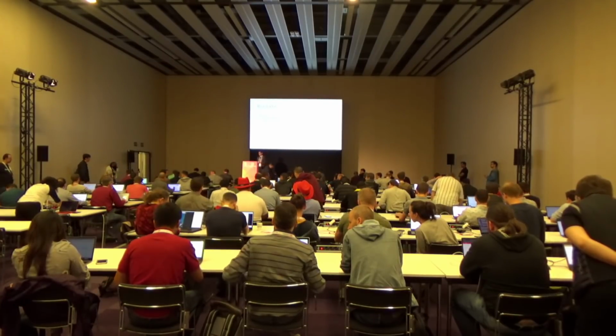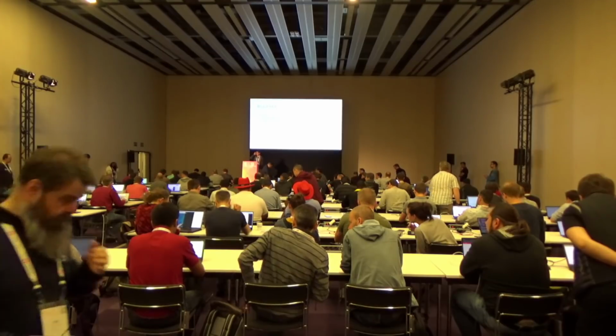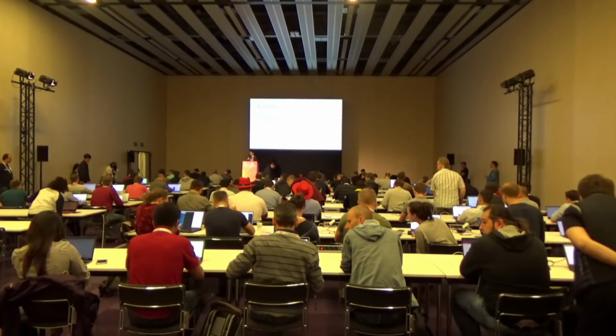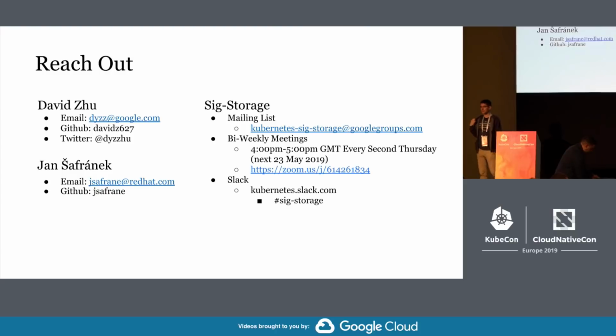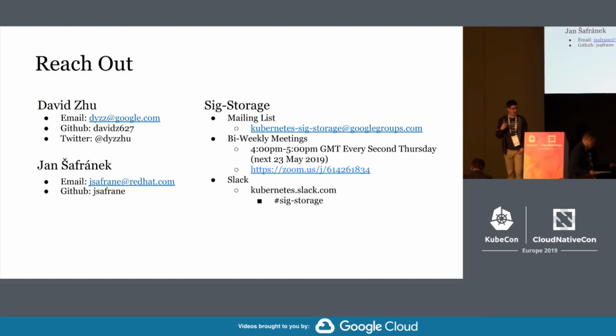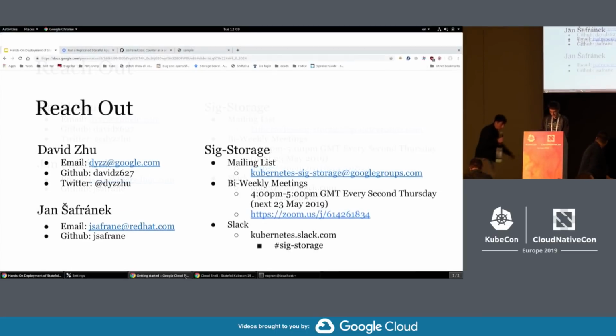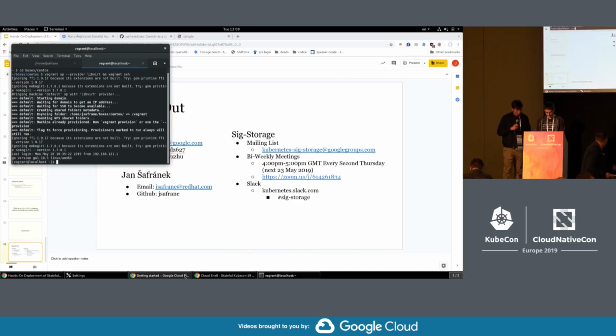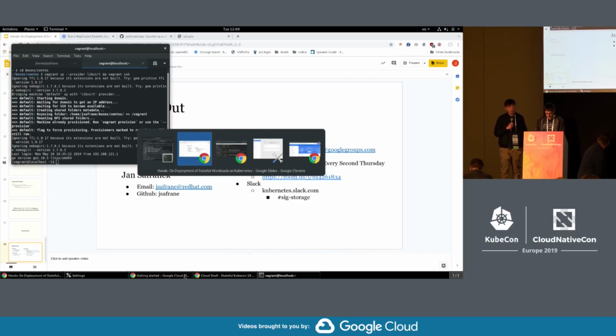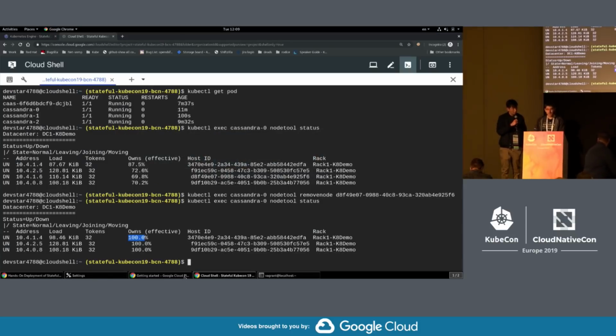I saw a question over there. Could you describe what happens when a node fails? What's supposed to happen to the PVs that are attached to that node? So the question was, what happens to the storage when the node fails? You may remember that I scaled the Cassandra up and scaled it down.